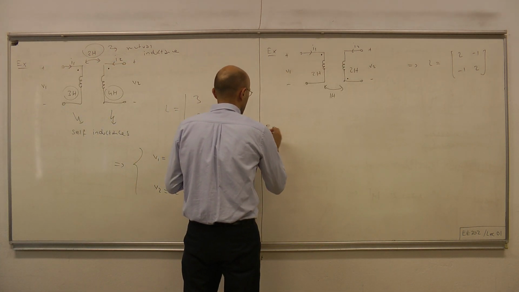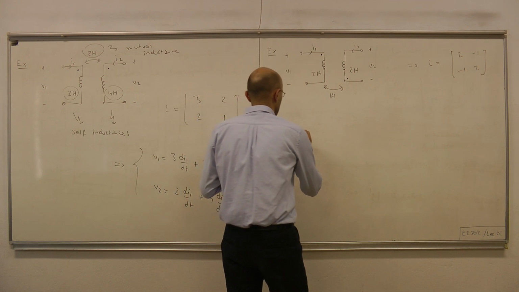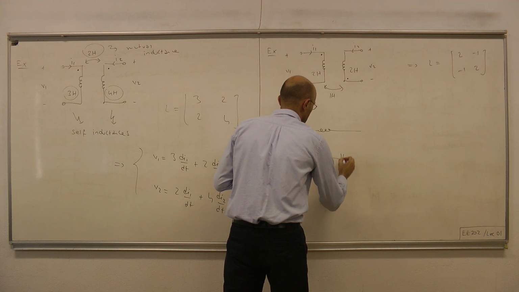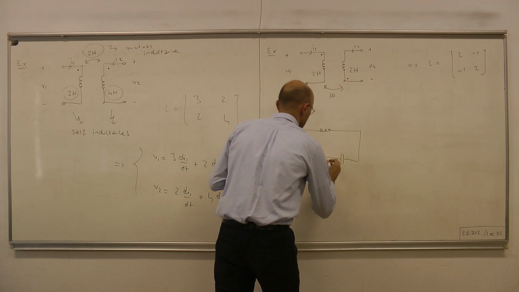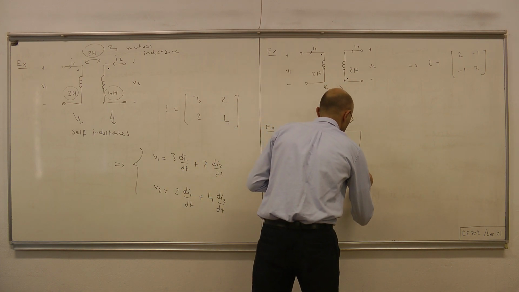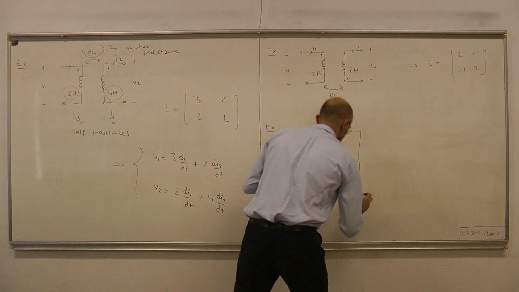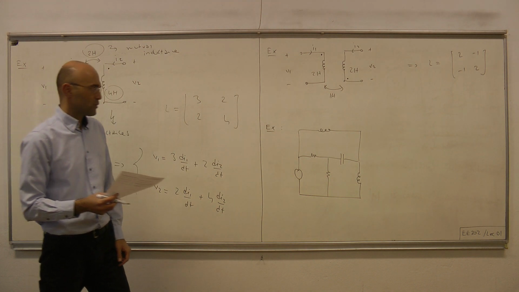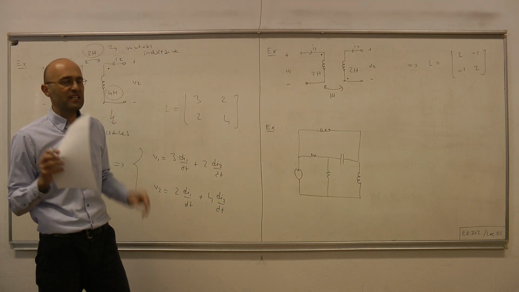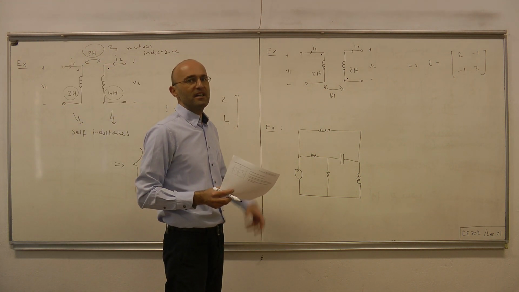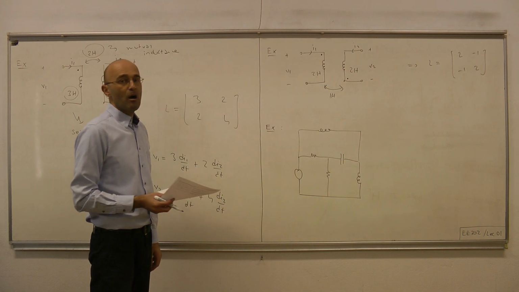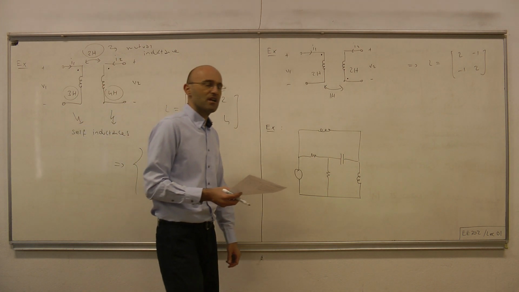Here's another example. Suppose that we have some arbitrary circuit. Even though when we draw the circuit, the coils may look physically far from one another, in the actual physical device they may be close enough to be coupled.